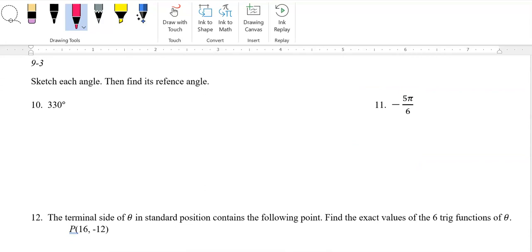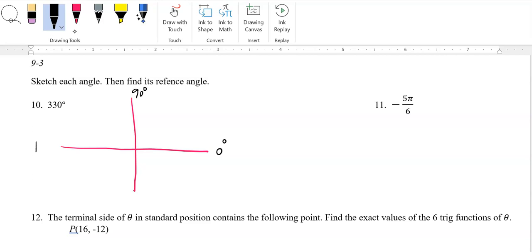All right, in 9.3, we did some problems like this. We sketched angles. Okay, so once again, I'll just go ahead and label where the quadrants are. So that's 0 degrees. Going in a positive direction, this would be 90 degrees, 180, 270, and then once we go all the way around, this is 360.